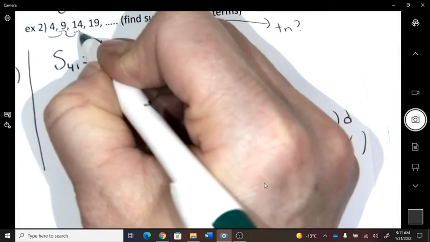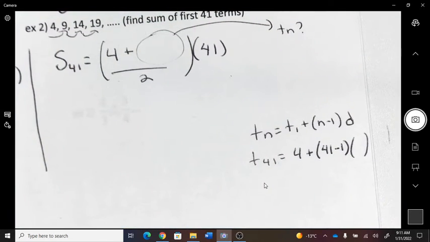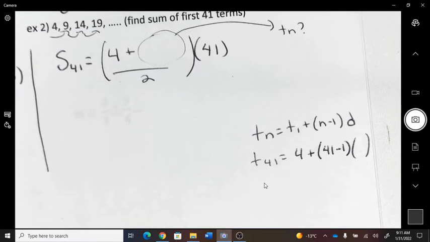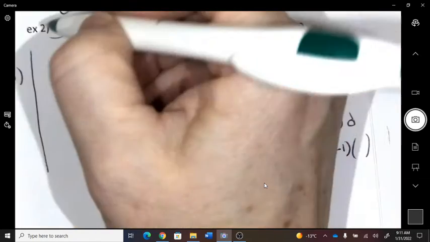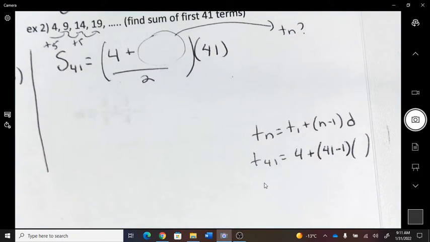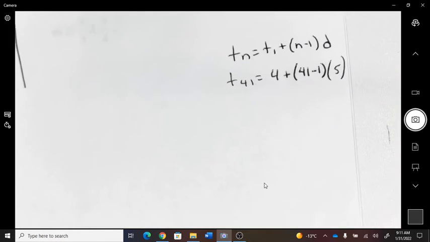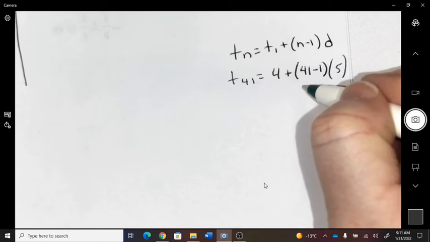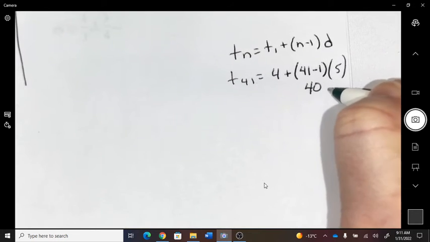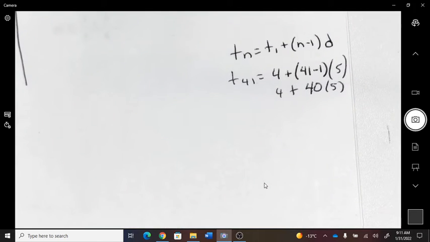What's going on? Every time, what are we doing? What are we jumping up by? We're going up by 5. Up by 5. So that's our difference. Okay, so order of operations: 40. Brackets is 40.